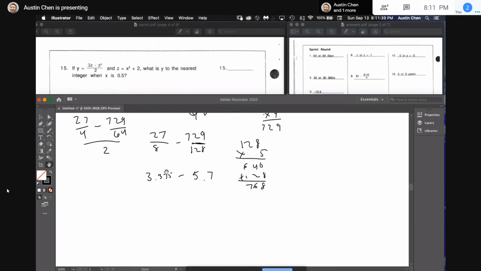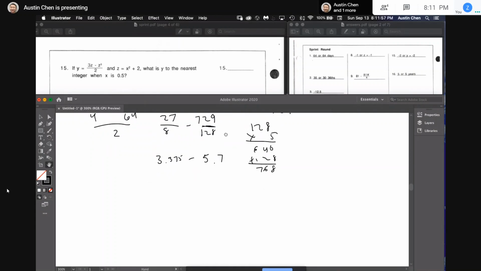Okay, I'm going to check on my calculator. Oh wow. So 729 over 128 is very close to 5.7, and 27 over 8 is just 3.375. Now we can just subtract them.